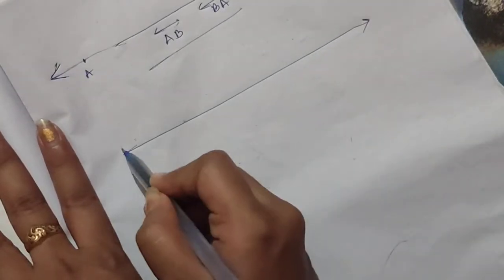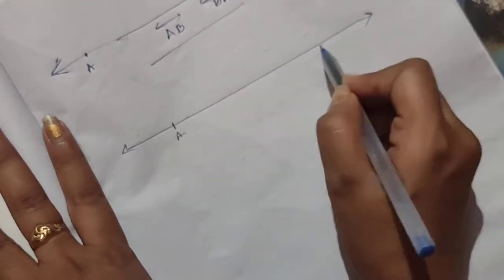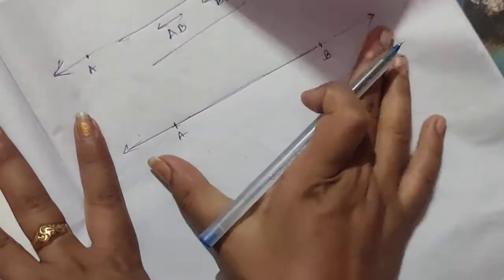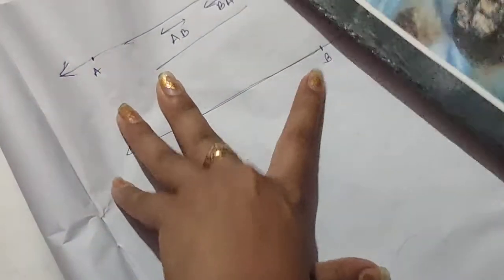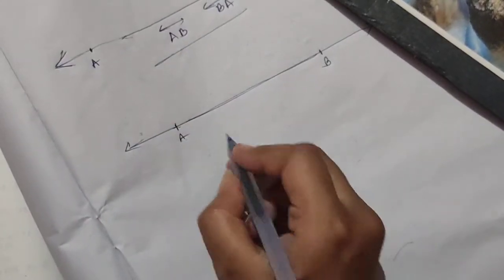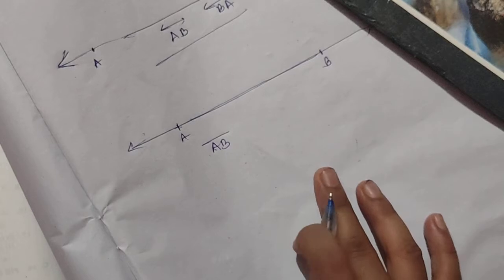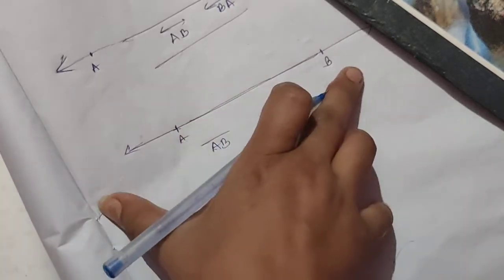Suppose this is a line. A line segment is a portion of a line. So AB is a portion of this line with two fixed endpoints A and B. This is a line segment.